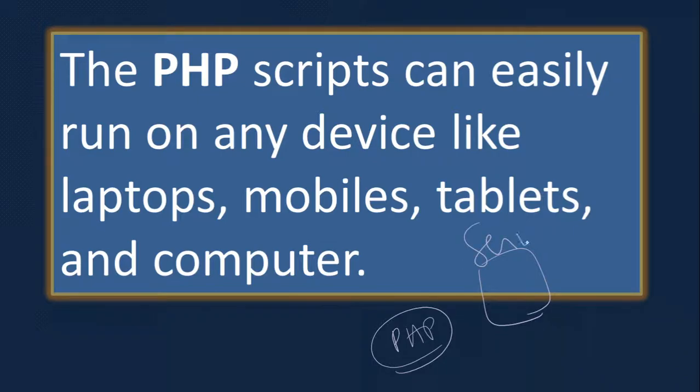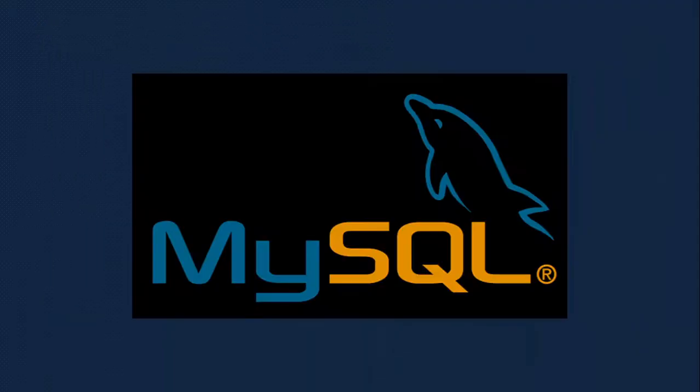This is a server where PHP is installed and we have an Apache server, and any device connects to this and requests the pages. Any page will be converted into HTML format and will come to your device. Therefore, it may be a TV, a mobile, a laptop. In all these places, the website code we have written in PHP will run.